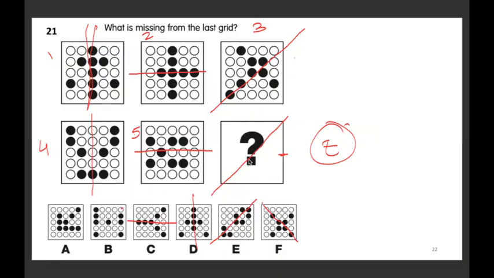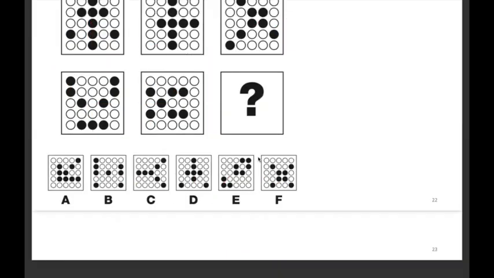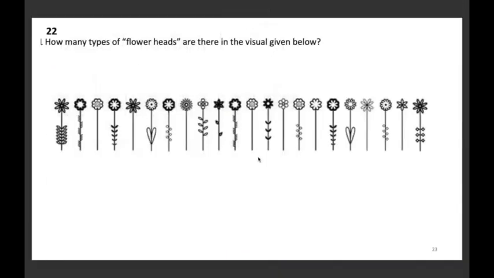Okay, so move to the next one. How many types of flower heads are there in the visual given below? Heads कितने हैं? Flower के heads कितने अलग अलग टाइप के हैं? वो count करने हैं.